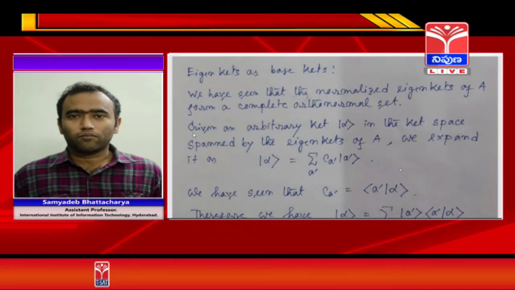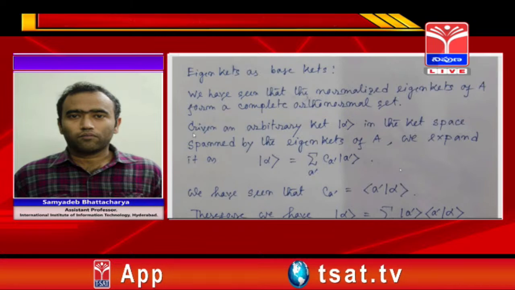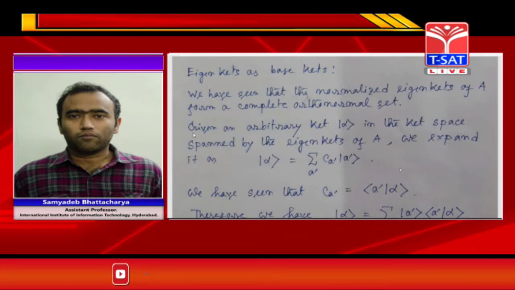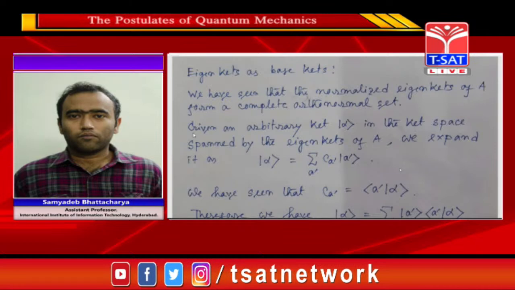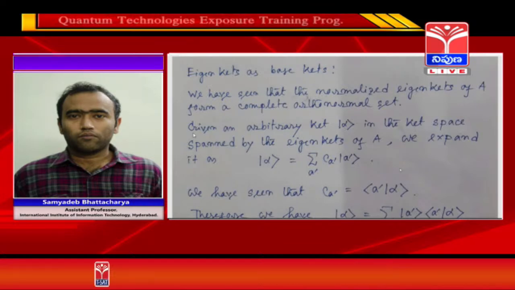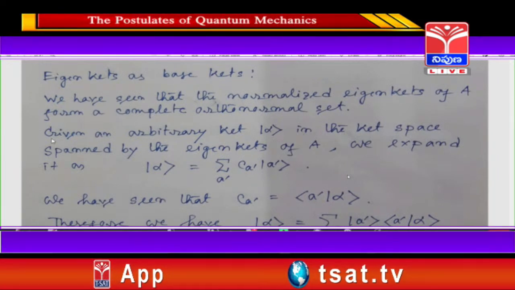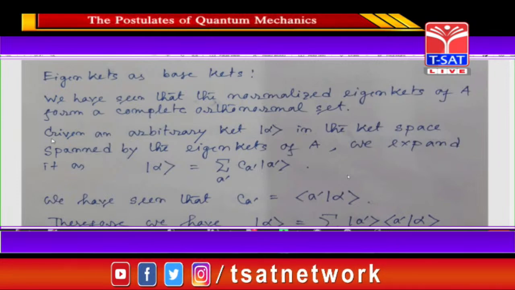We have to take all of them. Therefore, the number of orthonormal vectors possible for a given dimensional Hilbert space is equal to the dimension of the Hilbert space. For example, if it is three-dimensional, three such orthonormal vectors are possible. If it is 10-dimensional, there are 10 such orthonormal vectors.